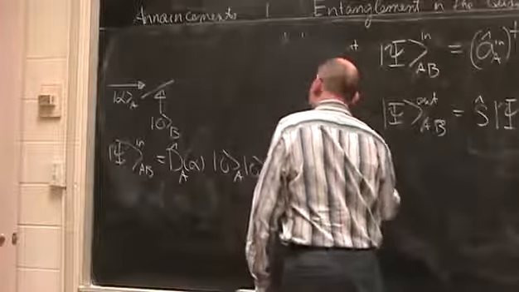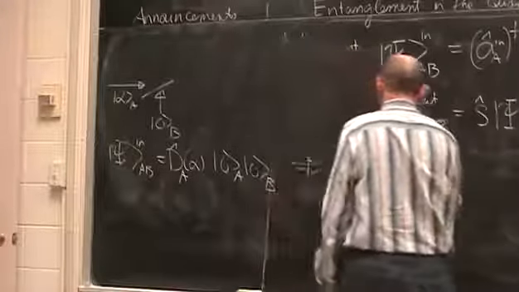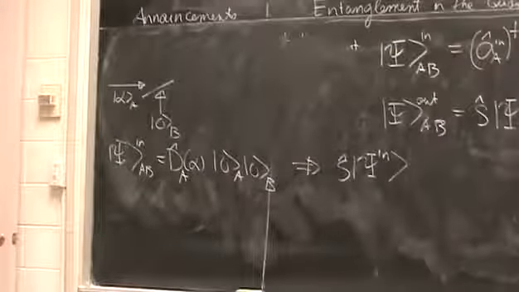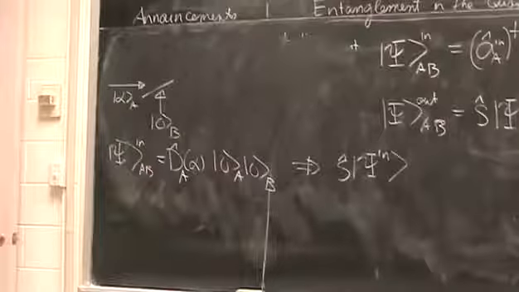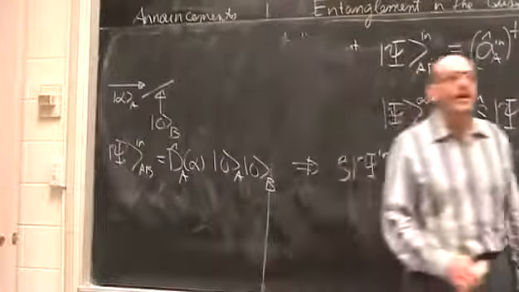What happens when I send this scattering operator on this? What do you get? You get a product state.